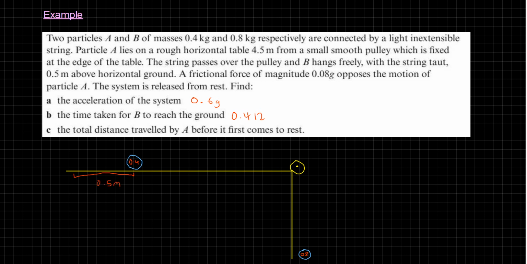So it fell 0.5 meters. They both moved 0.5 meters, and the time taken for that to happen so far is this 0.412 seconds. So let's put in brackets here: that took 0.412 seconds.